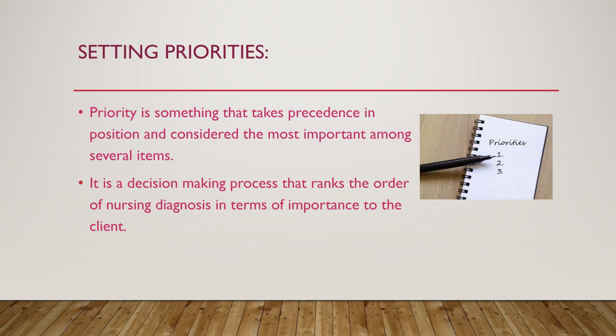First priority should be given to the problem which is life threatening, which is the ineffective breathing pattern, which may worsen the patient's condition. Knowledge deficit may not worsen the patient's condition, so it will come under the second priority. So priority is a decision making process in which we rank the order of diagnoses in terms of importance to client care.